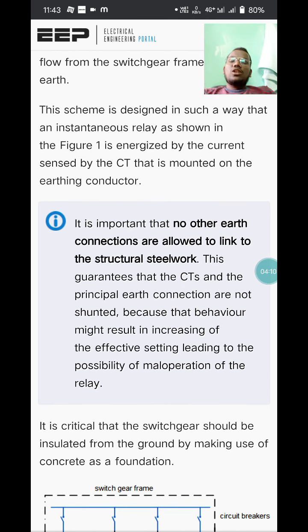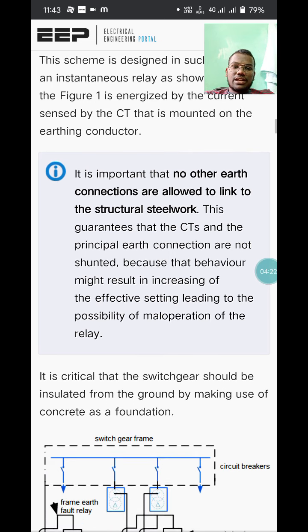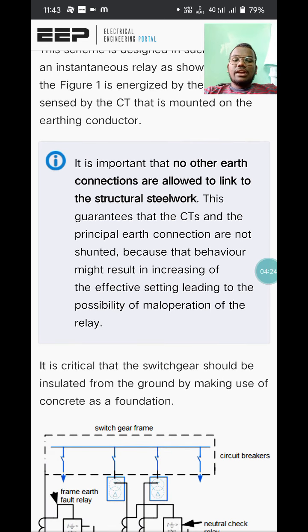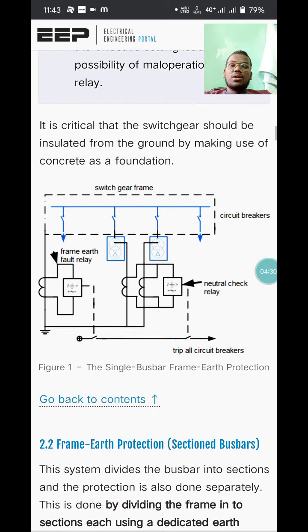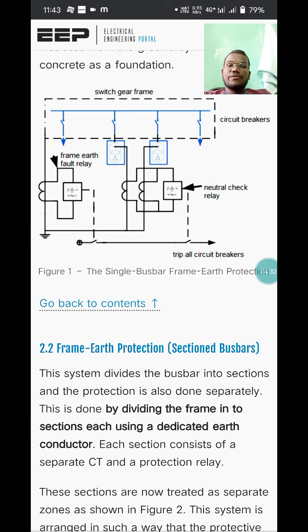It is important that no other earth connections are allowed to link to the structural steelwork. This guarantees that the circuits and the principal earth connection are not shunted, because that might result in an increase of the effective setting, leading to the possibility of maloperation of the relay. It is critical that the switchgear should be insulated from the ground by making use of concrete as a foundation.